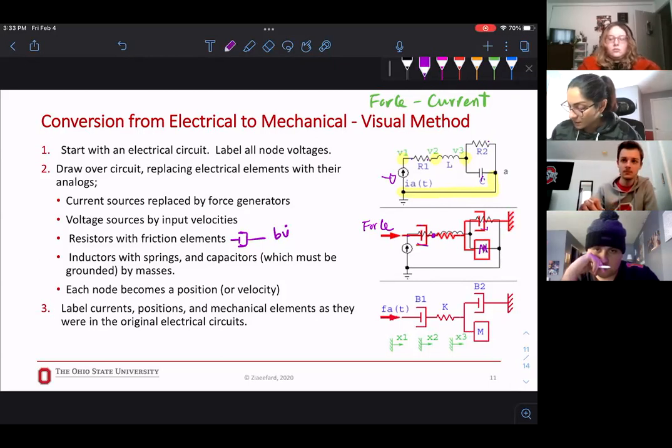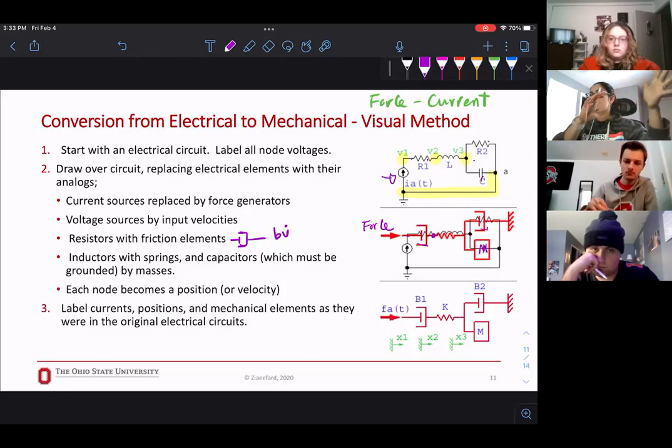Now, each node from the electrical, so your V1, V2, V3, becomes X1, X2, X3. Why is this important? Because these are the states, right? Because you're trying to find V1, V2, V3, if you remember the state vector. Now, your state vector is X1, X2, X3.